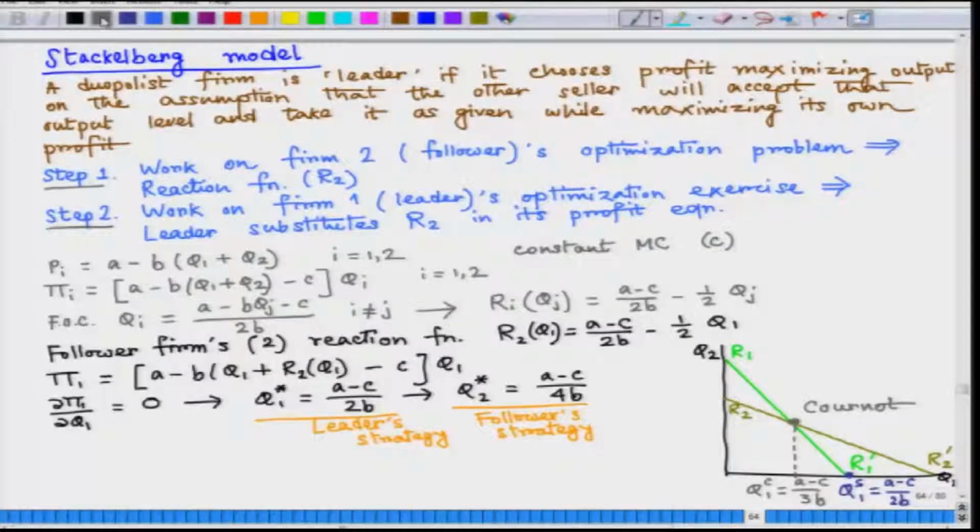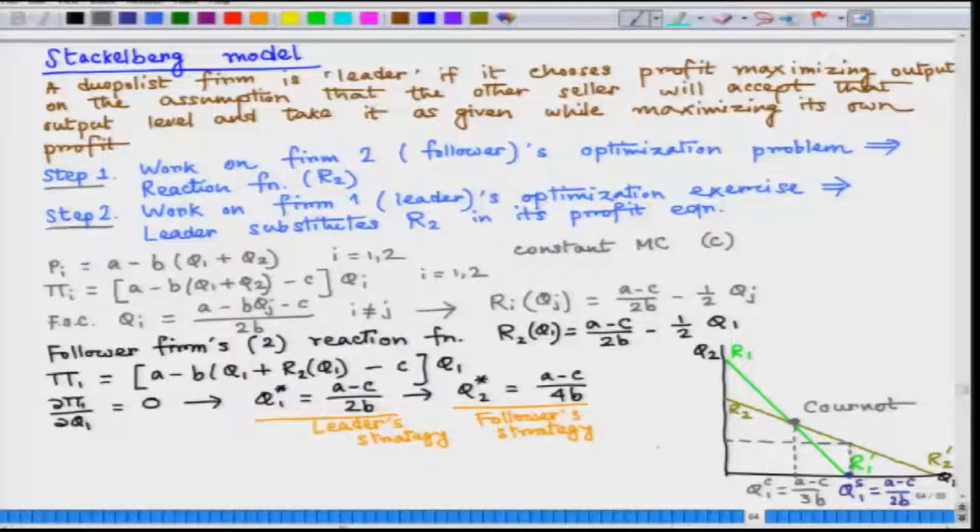Okay. So, now we know what to do. We have to find out the follower's output level or supply in the market. We have to basically move up from this Stackelberg solution of firm 1 to the reaction function of firm 2, and then from the reaction function of firm 2 we can read the output level it must produce in order to maximize profit.